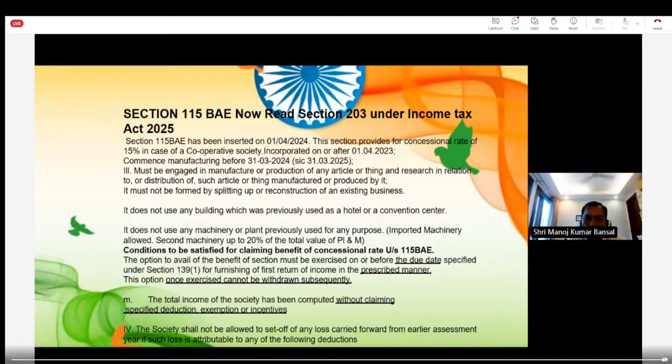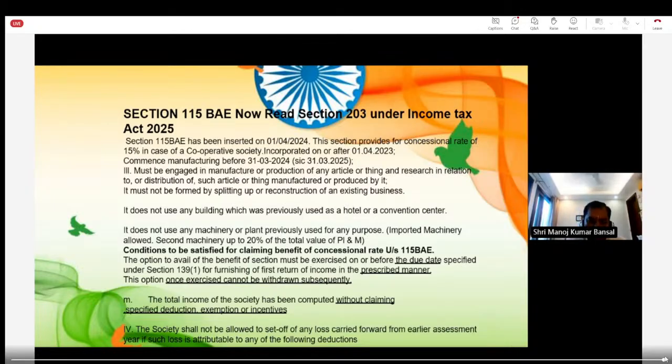Conditions to be satisfied for claiming the benefits of the concessional rate under 115BAE: the option to avail the benefit of the section must be exercised on or before the due date specified under section 139(1) for furnishing the first return of income in the prescribed manner. Section 139 says due dates have been prescribed.